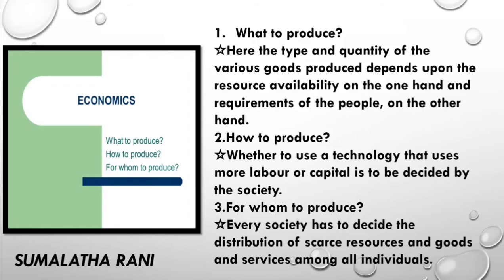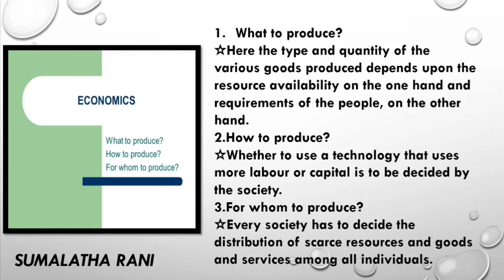A particular business, a particular firm, has to decide about what to produce, the goods or the service, whether to produce more of food or weapons, agricultural or industrial goods, education or health, consumer goods or machineries.